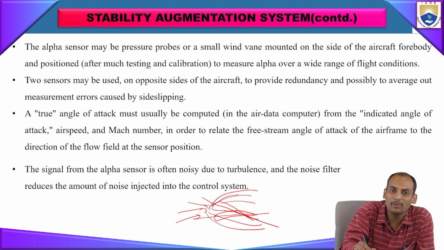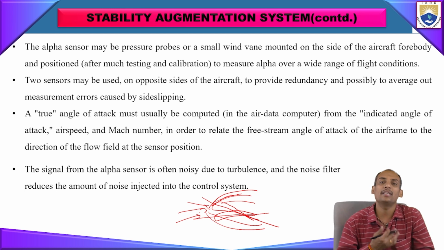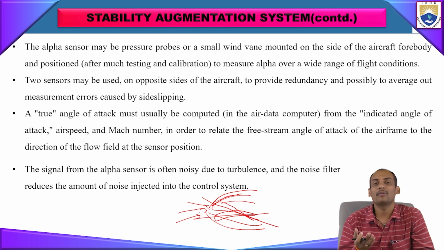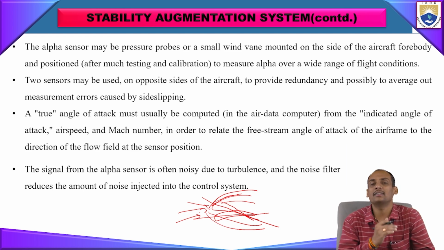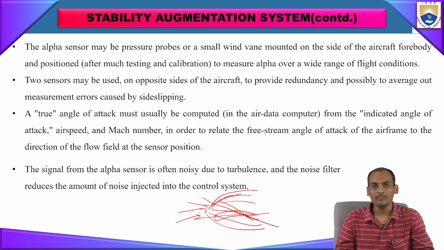So the velocity will automatically be high, and due to this high velocity the noise production is also very high, because of the sudden turbulence. So a noise filter system is required to take that noise out of the sensor signal.